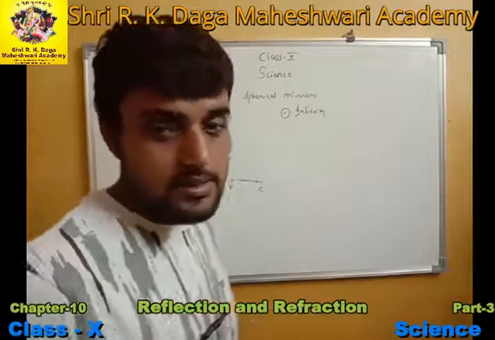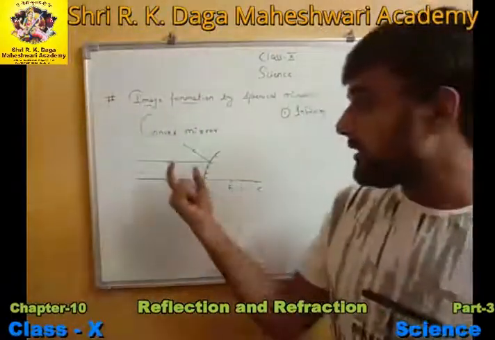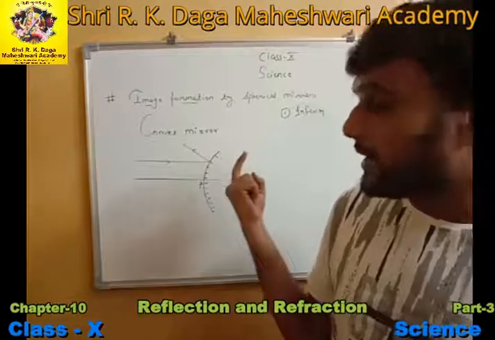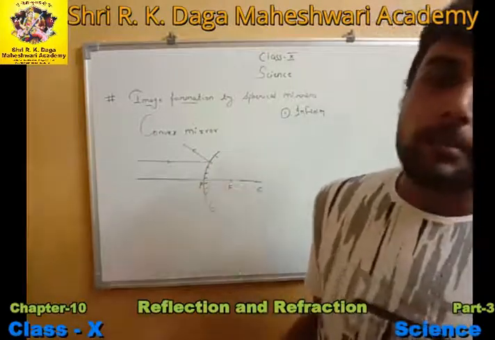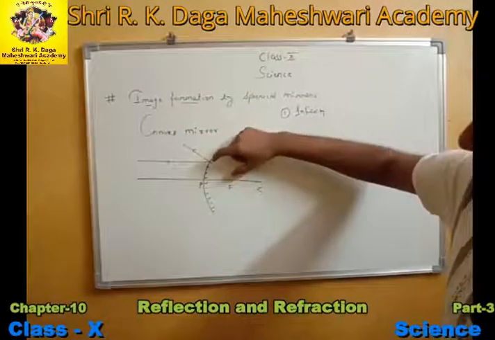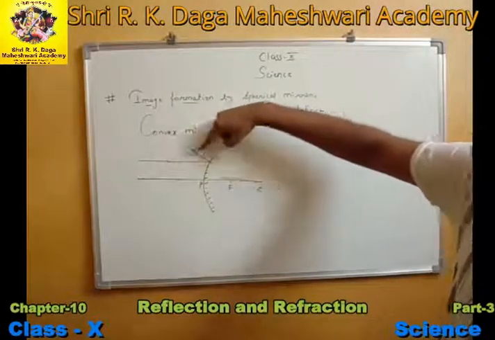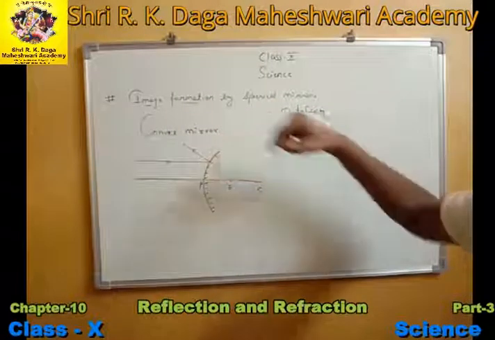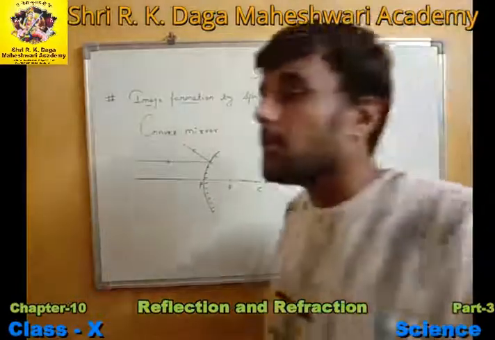This we have already discussed, the rule that when the ray is incident parallel to the principal axis, then it either passes through the focus or appears to be coming from the focus, right? So the ray gets reflected like this, such that on extending it back, it appears to be coming from the focus.